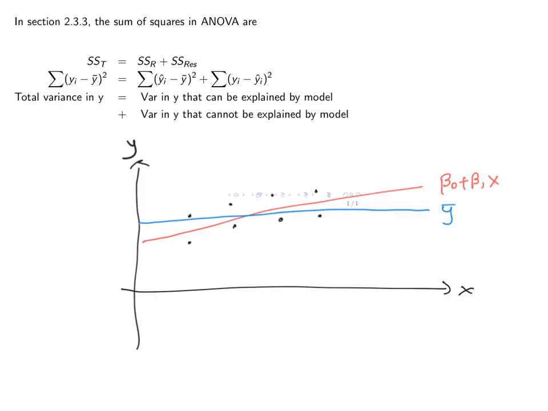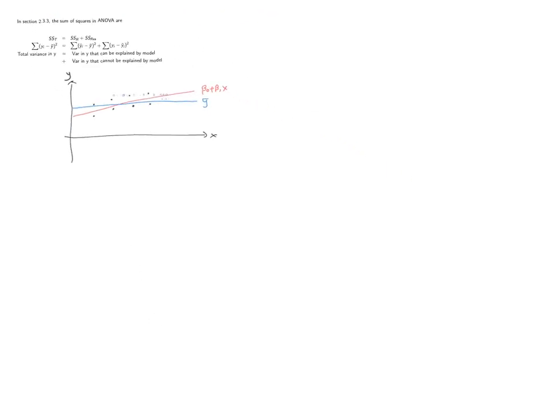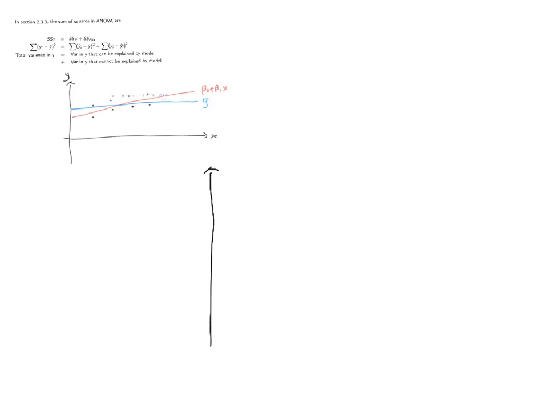So now let's consider the most extreme example where we have a perfect fit. Let me just move this picture a little bit to the side. Let's suppose we have this example where the data fits perfectly, and so my regression line is perfect.